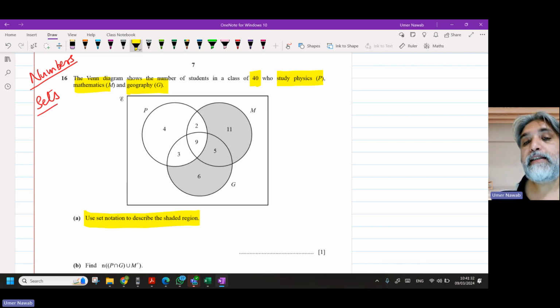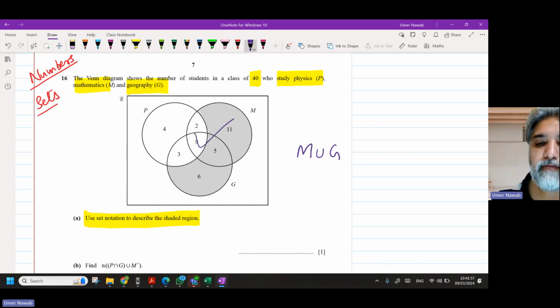At some stages, he's asking you to shade the regions, but now he has already shaded the region, which is coming within M, coming within G, and also he is taking both of them. So can I say this is M union G?